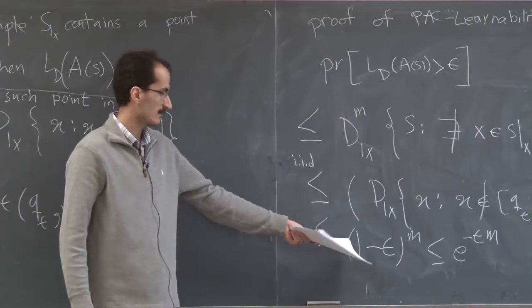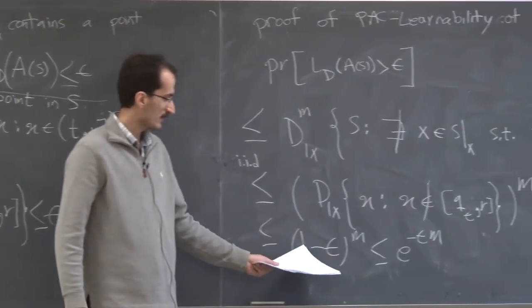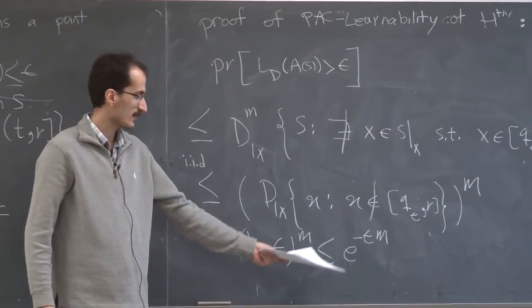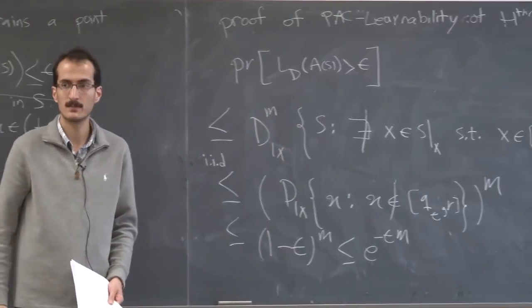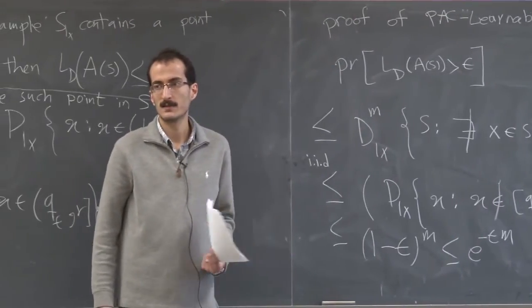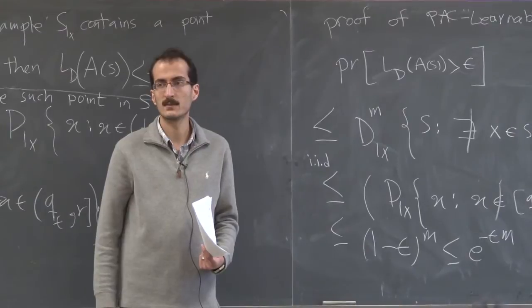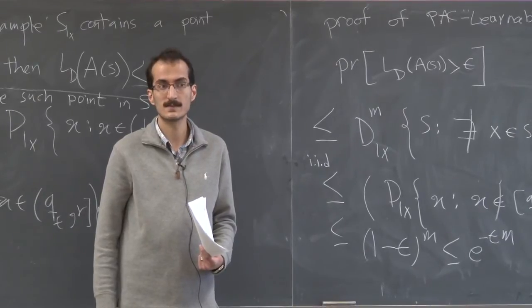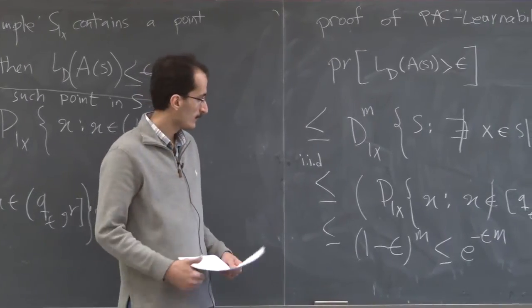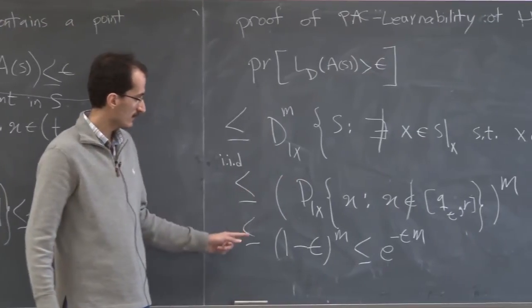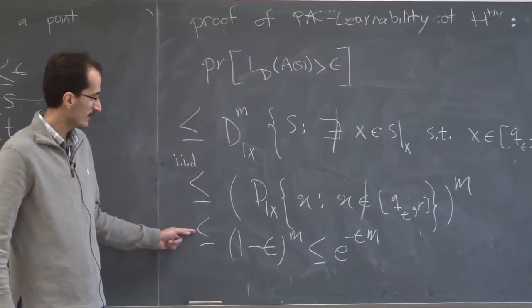That's just some calculations. This part, 1 minus epsilon to the m, is smaller than e to the minus epsilon m. I think you have seen it in the proof of PAC learnability of finite classes. But this step is important.